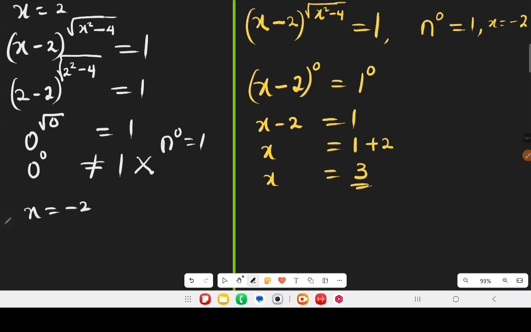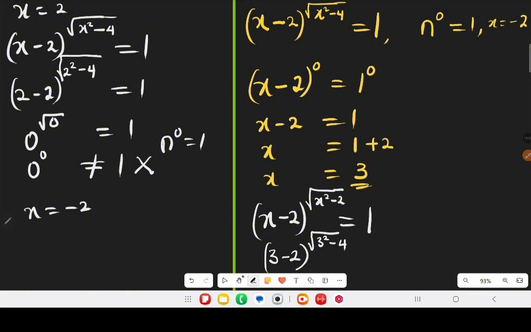Let's check if this is a valid answer. Now we put x equals 3 into the original equation, which is (x − 2) raised to the power of the square root of x² − 4 equal to 1. Then when we put 3 into this equation, we have (3 − 2) raised to the power of the square root of 3² − 4. Then we continue.